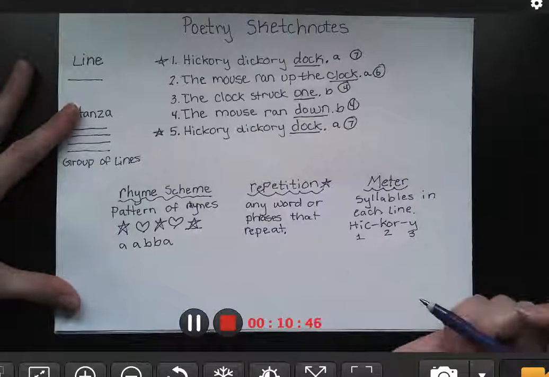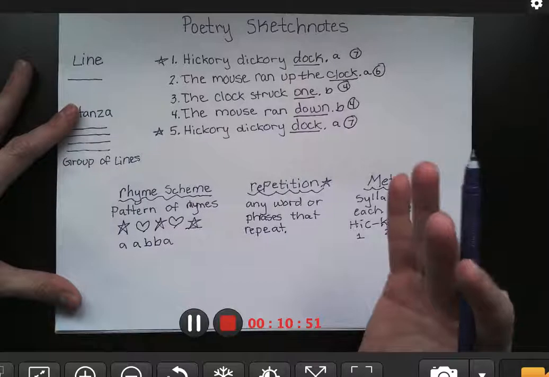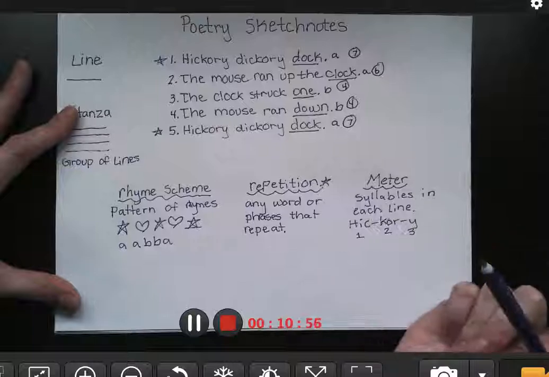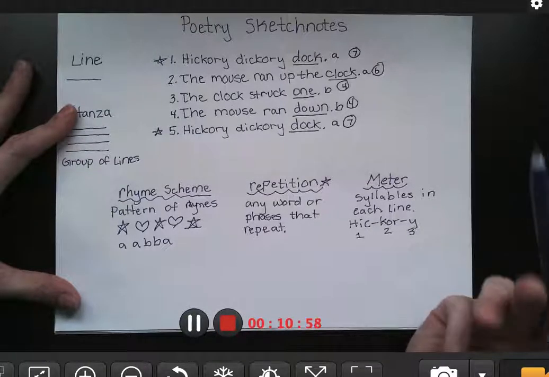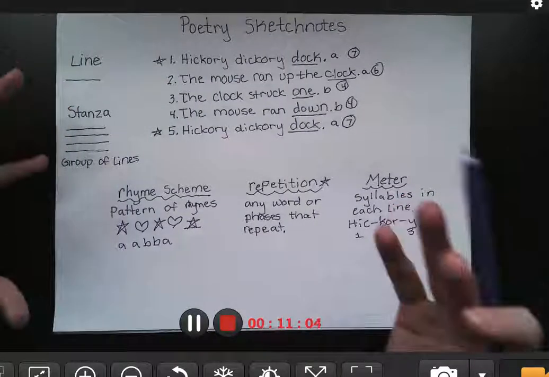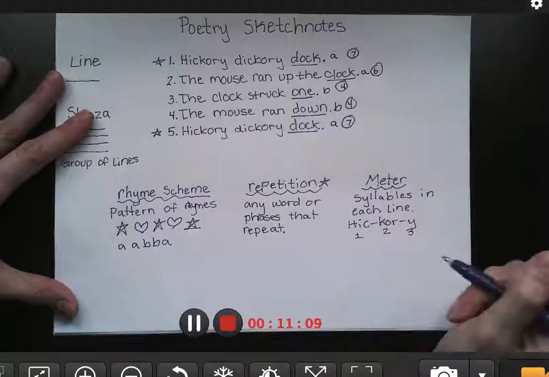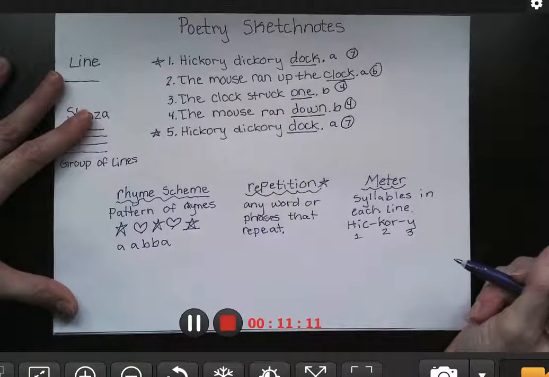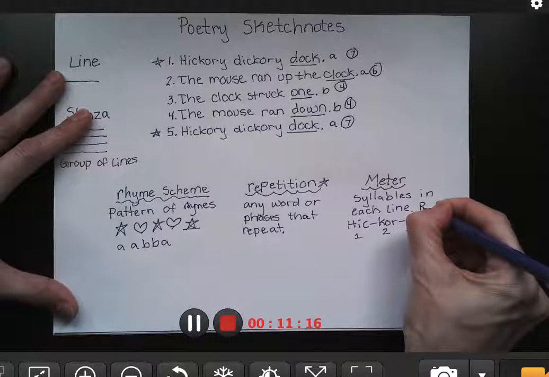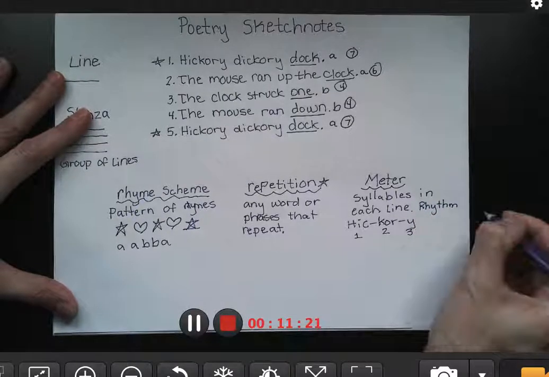Almost like a song. The chorus in a song gets repeated a number of times. It's the same idea. And then finally, the meter of a poem is the syllables within every line. And it gives it a rhythm, almost like a song. So syllables in each line. Ooh, I like that word, rhythm. We should put that in there, shouldn't we? Rhythm.